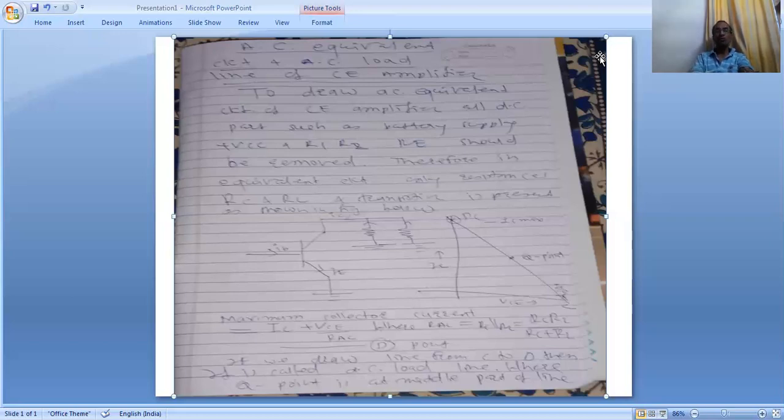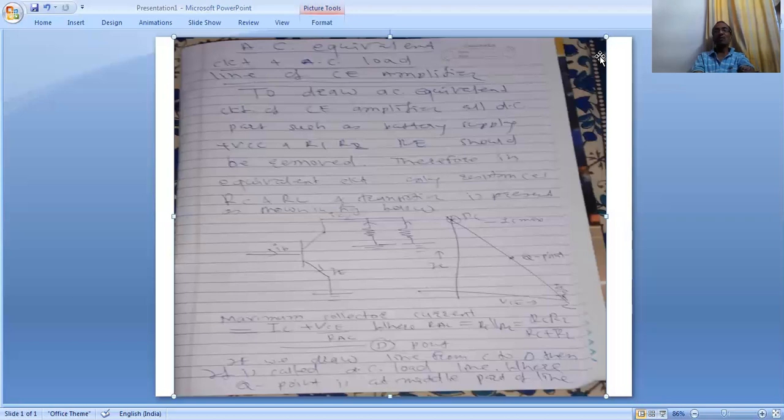According to 9th to 11th study, when two resistances are parallel, their equivalent resistance is given by 1 upon R equal to 1 upon R1 plus 1 upon R2.